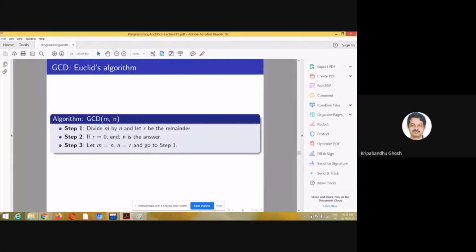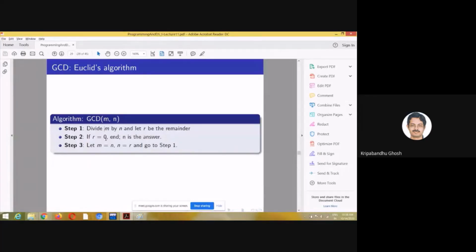These m and n are not the original m and n you started with, but some intermediate m. At that point n would have divided m perfectly, because that is why the remainder is 0. So this follows the remainder theorem. I'm sure you know what the remainder theorem is.